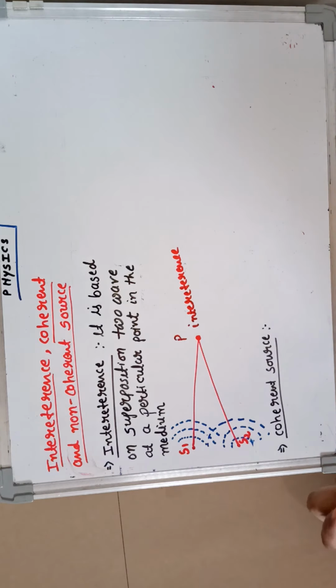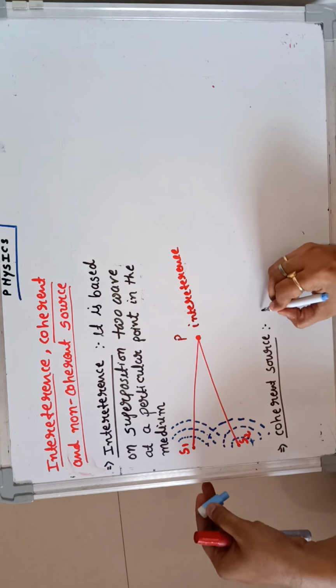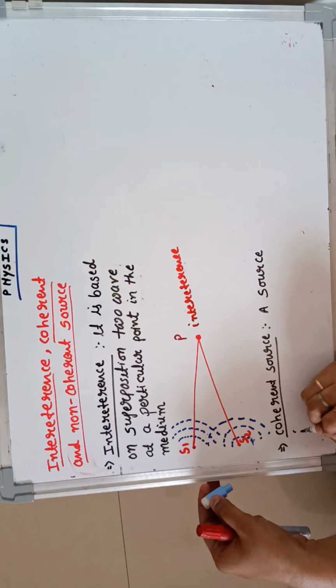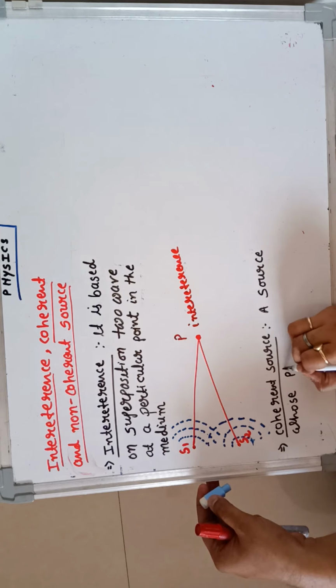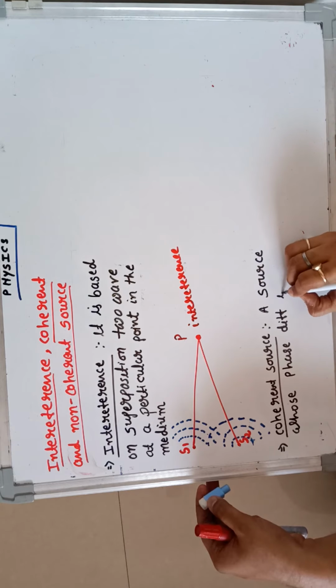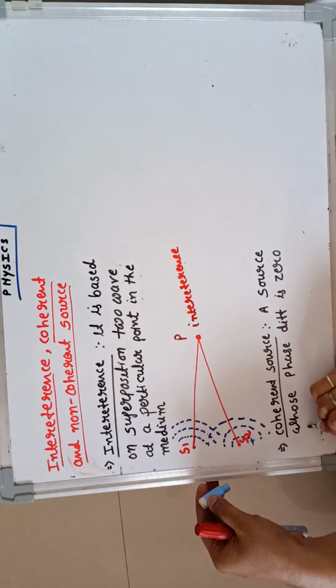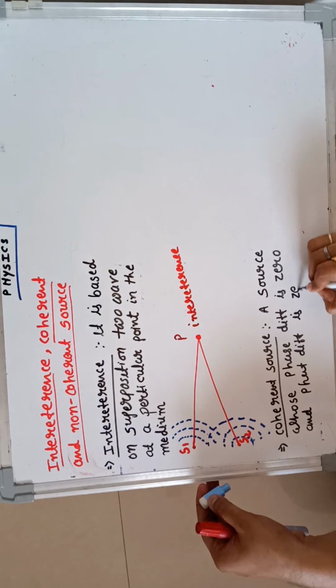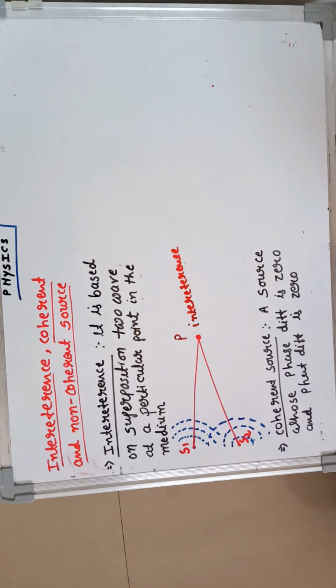The definition of the coherent source: a source whose phase difference is 0 and path difference is zero is called a coherent source.